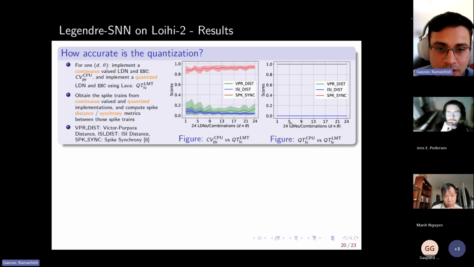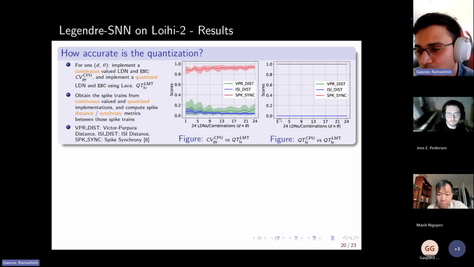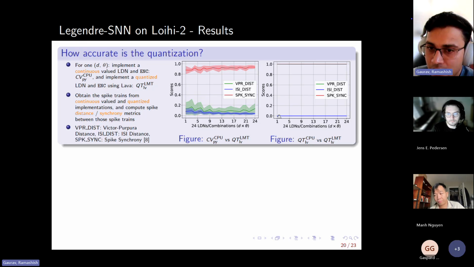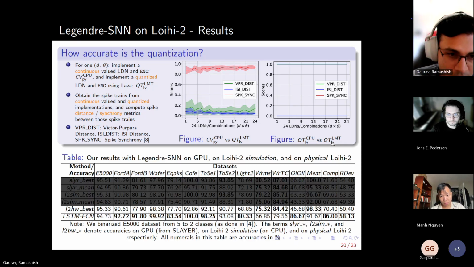My apologies, I did not explain what the x-axis meant: there are 24 different LDNs, and for each particular LDN it denotes the spike synchrony or the spike distance metrics. So for 24 different LDNs, you can see the spike synchrony metric is exactly 1 and these distance values are exactly 0. That means my quantized implementation on CPU as well as LMT are the same.